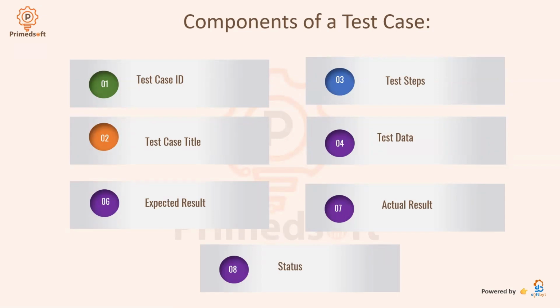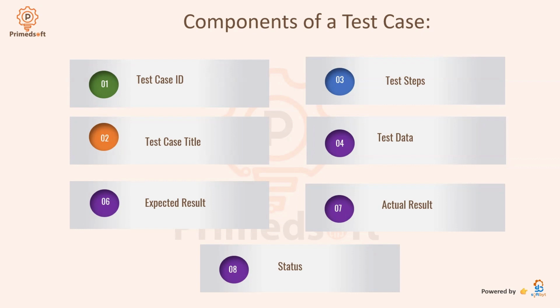It could be TID 001, TID 002, TID 003, depending on the standard they have chosen. They can decide to say it's SAD 001, so they follow that format. But Azure DevOps will automatically give a test case ID to any test case you have designed.